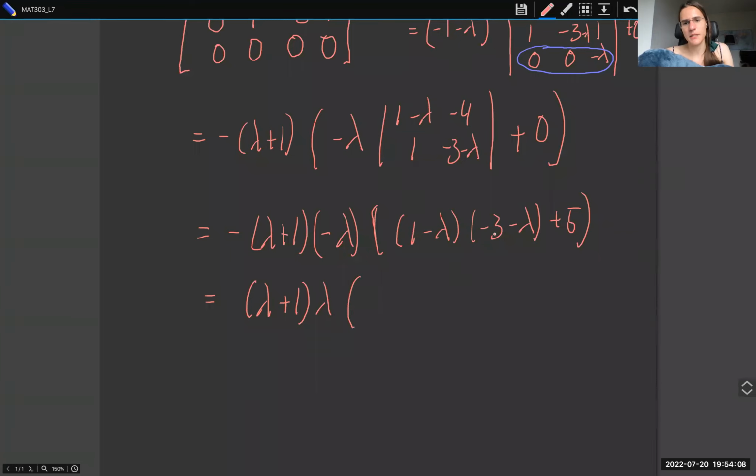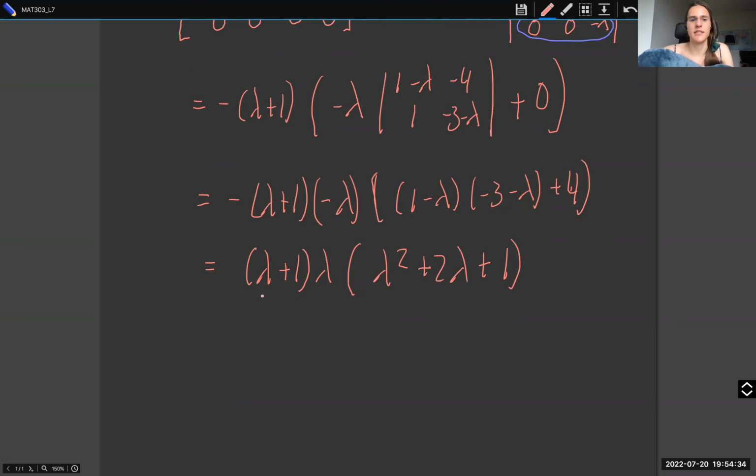And then this becomes lambda squared, +5? Oh, 4. Thanks. Somehow I added them together, which is of course silly. Lambda, so this is +3 minus 1, so it's going to be +2 lambda. Then we're going to get a -3 here, +4, so +1. Oh, well, that's easy to factor, isn't it? So that's lambda +1. We have a lambda +1 here, so we get lambda +1 cubed times lambda, right?